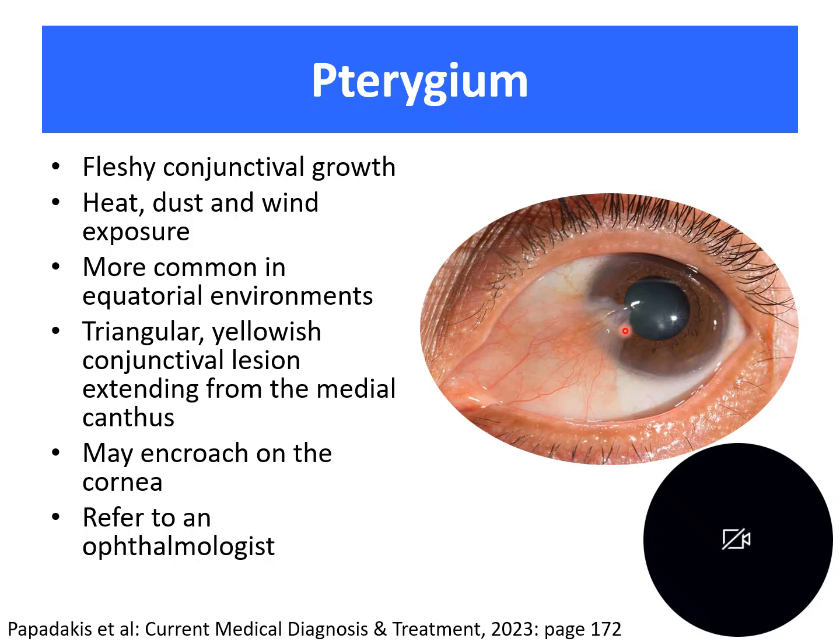A triangular, yellowish conjunctival lesion extending from the medial canthus, that is what the medial inner aspect of the eyelids are called, and it extends towards the cornea. It may, in chronic or severe situations, encroach on the cornea and therefore will cause some fuzziness of vision.